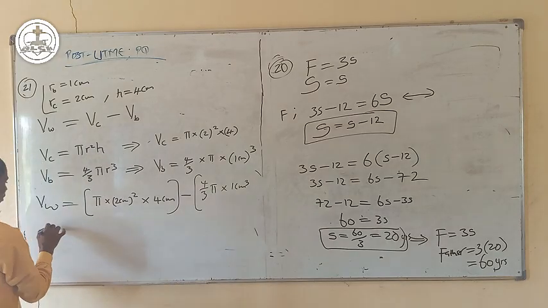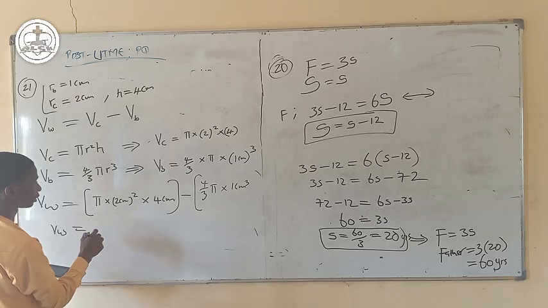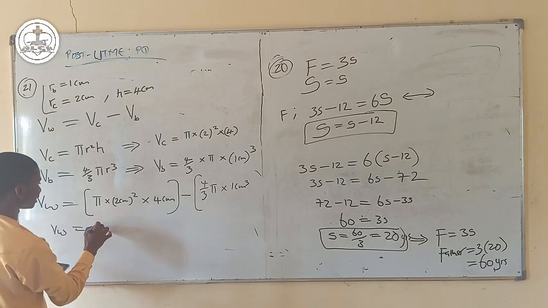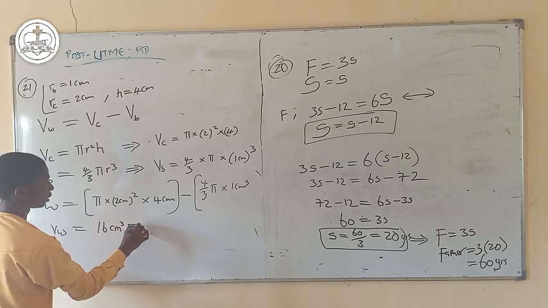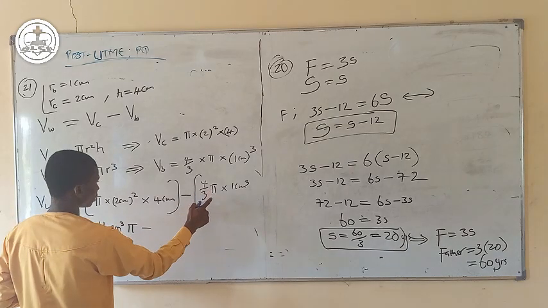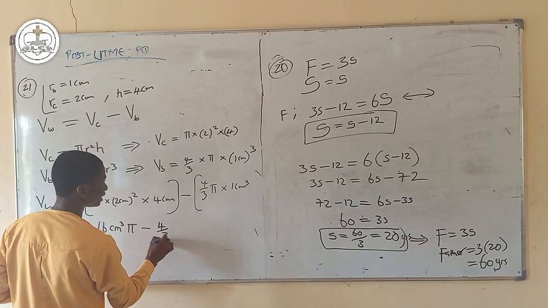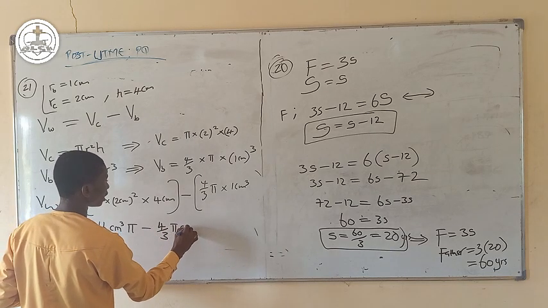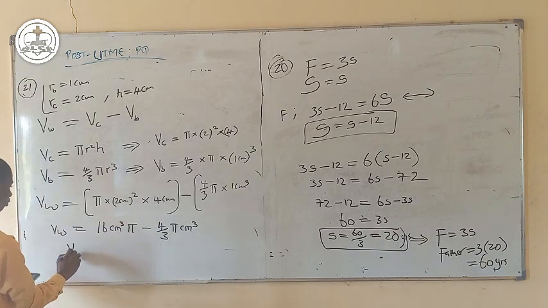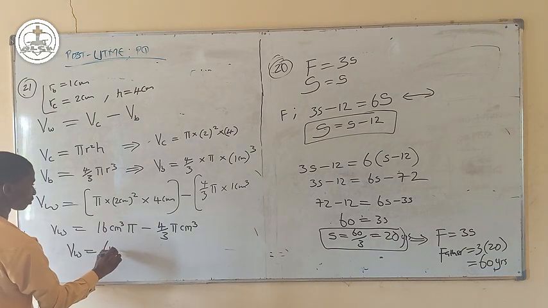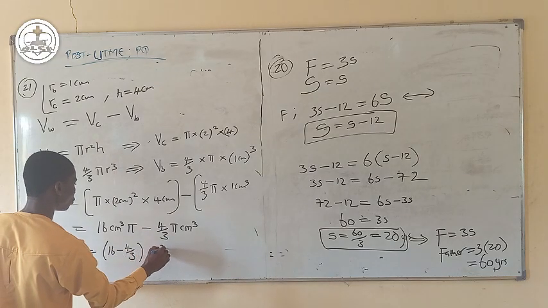So what do we have here now? Our volume of water will be, if we multiply this through, 16 centimeter cube pi minus 4 over 3 pi centimeter cube. So if we resolve this, the volume of our water is 16 minus 4 over 3 centimeter cube pi.